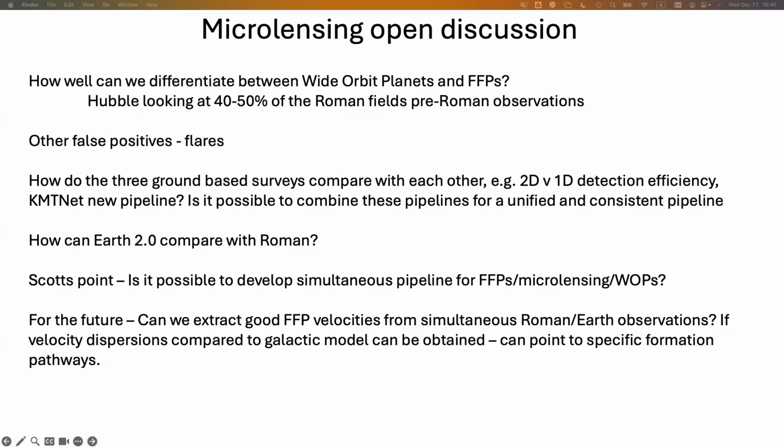We're going to have to rely a bit more on the hopefully higher quality of the Roman data relative to ground-based surveys, and then over time, as we get baselines of 5 years, we'll be able to rely more on those kinds of things. So I think it's going to be an evolving strategy over time.